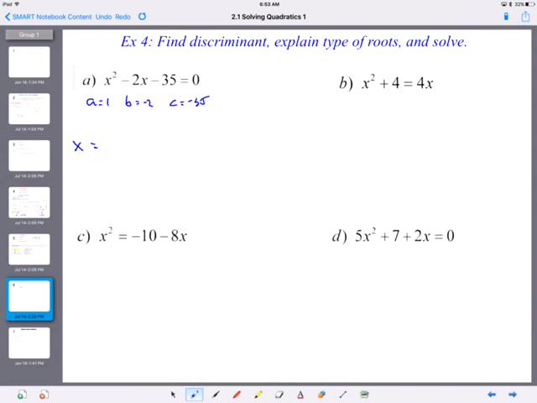So x is equal to the opposite of b plus or minus the square root of b squared, and since b is a negative 2, the negative 2 is being squared, minus 4ac, and then all of that is being divided by 2a.